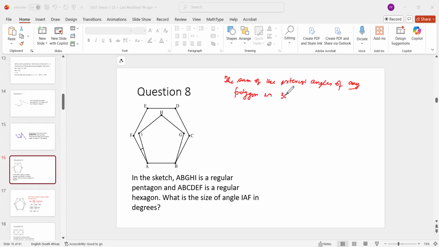It's 360 degrees. No matter what the polygon is. If I take this particular one, let me just say something about that.